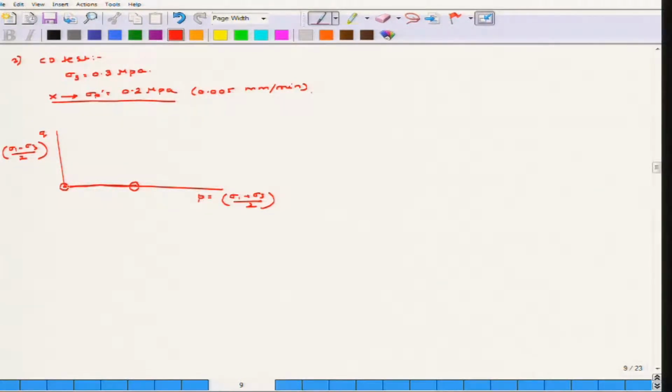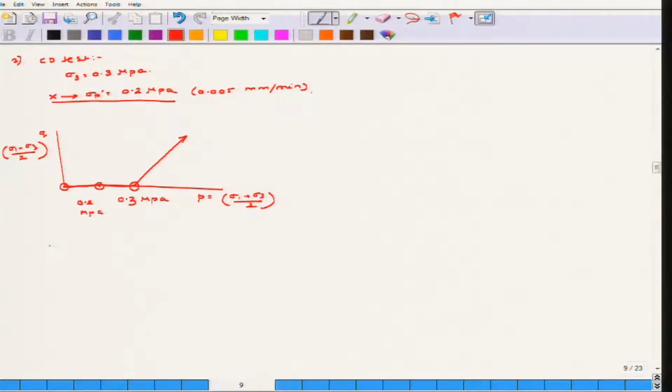So obviously it was subjected to stress along this line because there was no shear stress. So, Q is equivalent to 0. So, this point is 0.2 MPa, and then a pre-consolidation pressure of 0.2 MPa was applied and the consolidation pressure was 0.3 MPa, and then it was sheared. This is for the sample X.